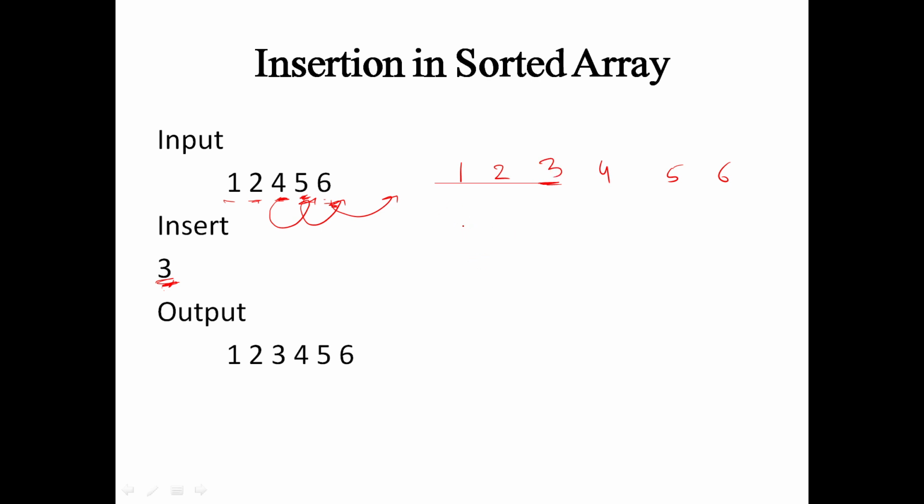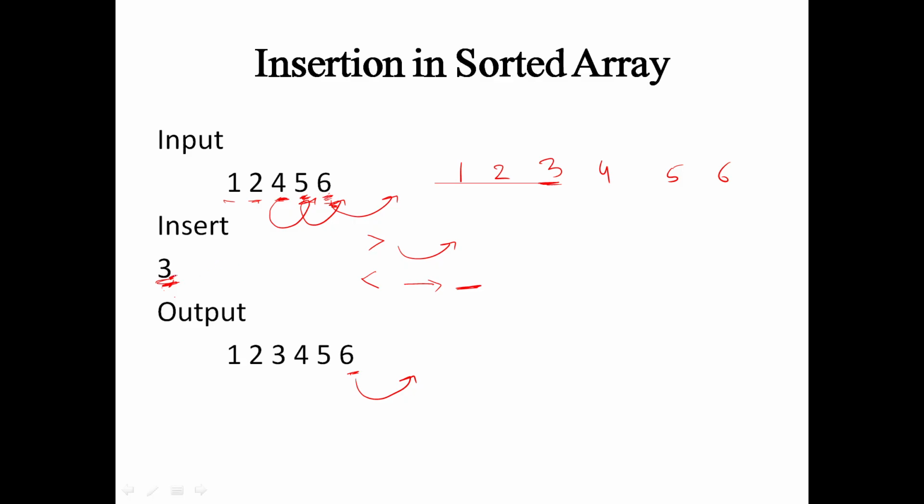Into this empty location I need to insert 3. The same concept. Previously how did we move? Starting from the last element and to the right we shifted the elements. Here the extra thing that we are doing is comparing.